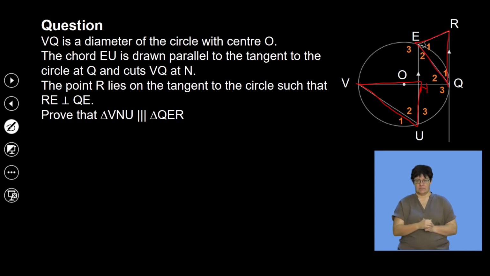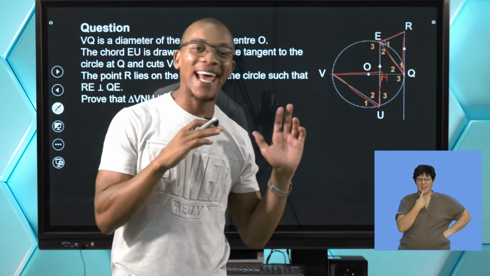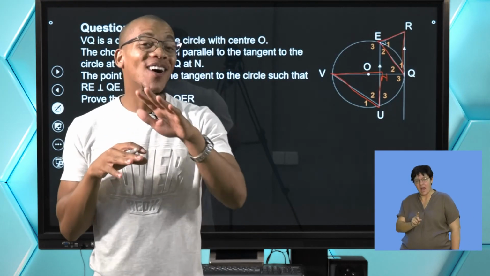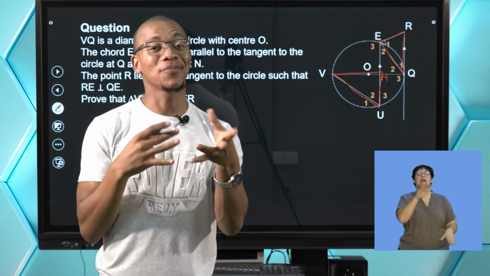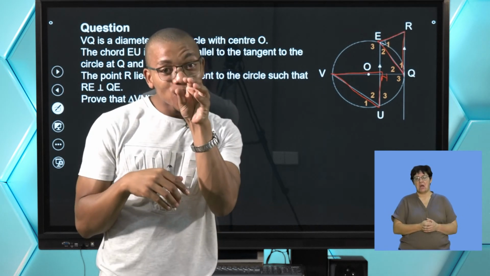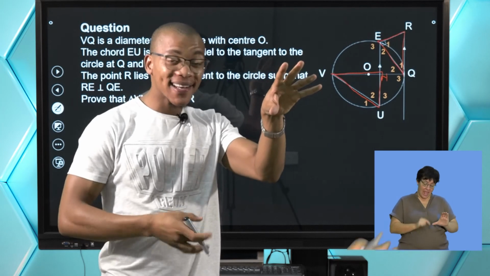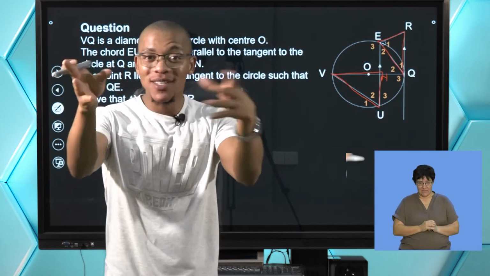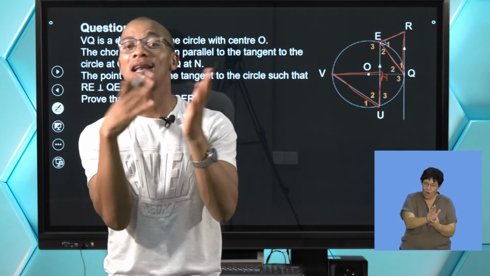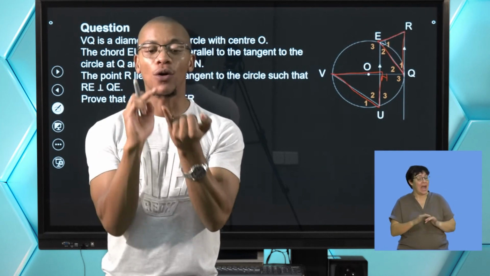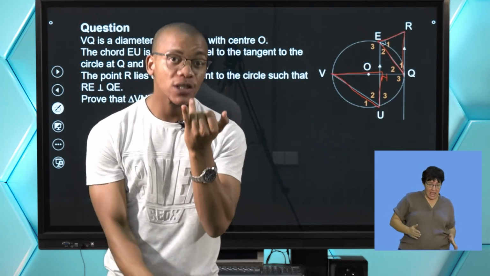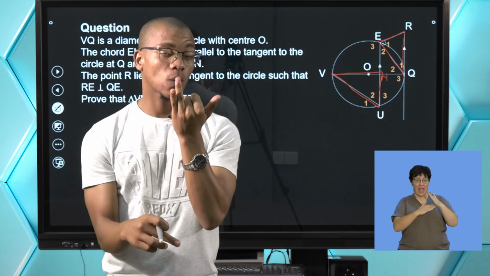Now, the very special thing about this one is that it's no longer like the other similarities that we've been doing where it's one small triangle in a bigger triangle. No, it's one triangle there and one triangle there. Now you need to show some similarities in terms of either sides being in proportion or angles being equal to each other.